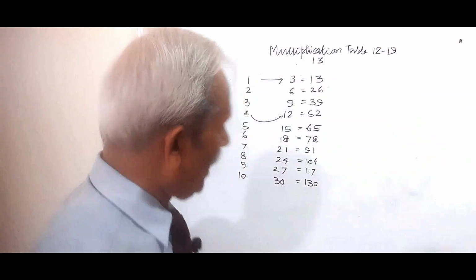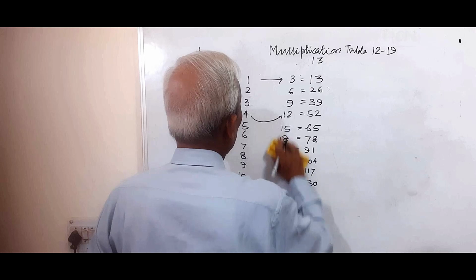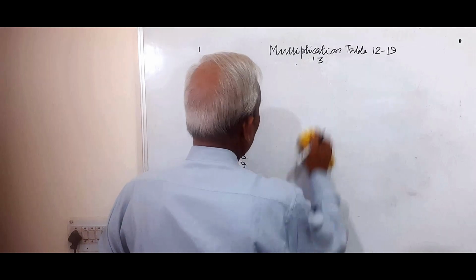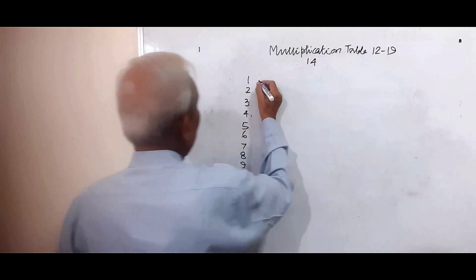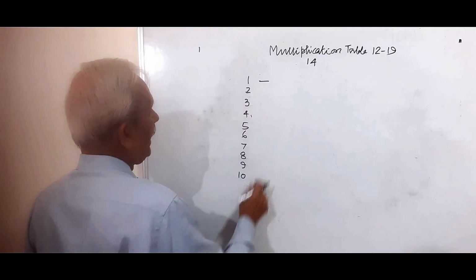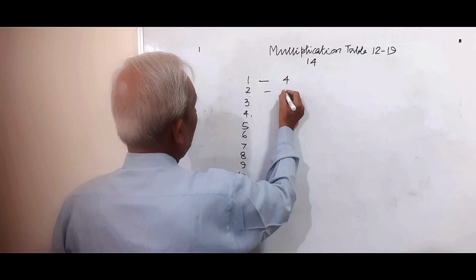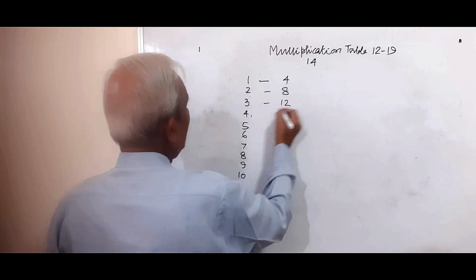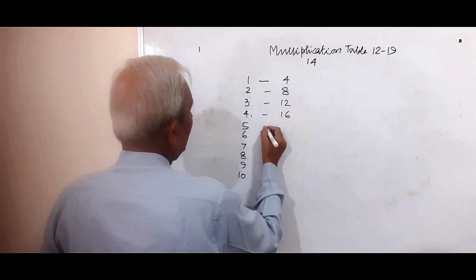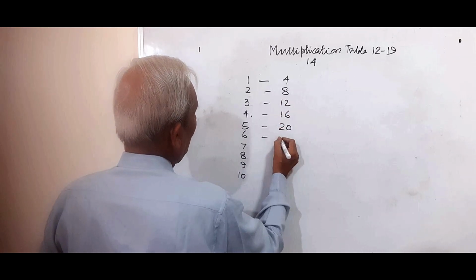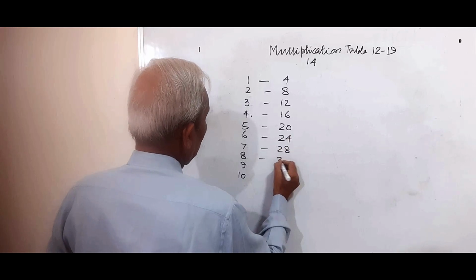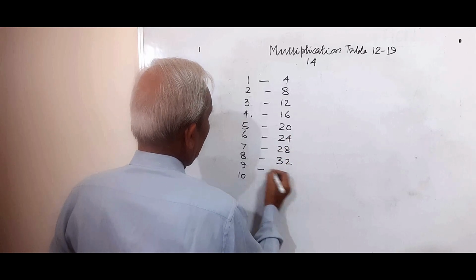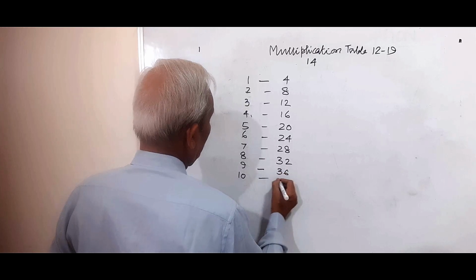So you can just remember the table itself. Well, lastly we'll see, can we find out the multiplication table of 14 from this? Yes, quickly we'll see to that. We'll put this number 1 to 10 as it is. Here we'll put 4, then 8, 12, 16, 20, 24, 28, 32, 36, then 40.